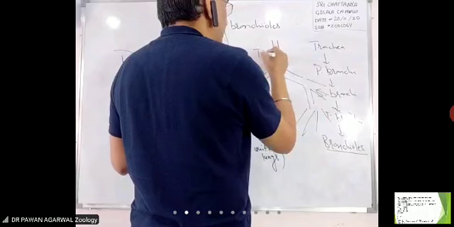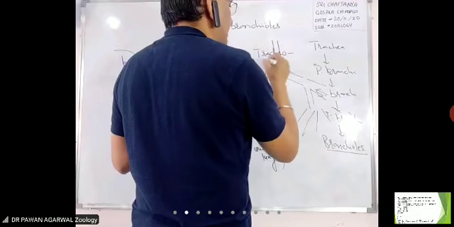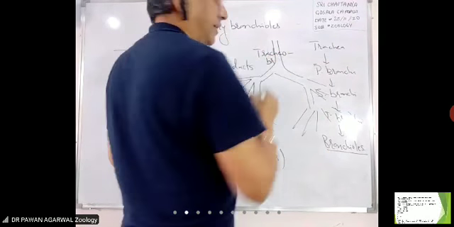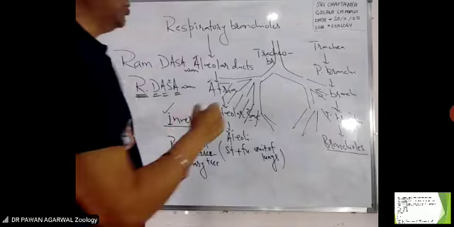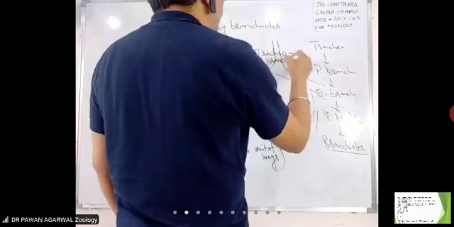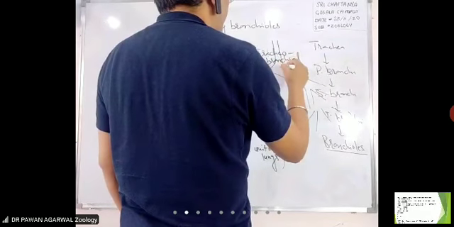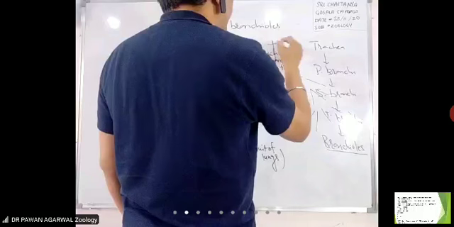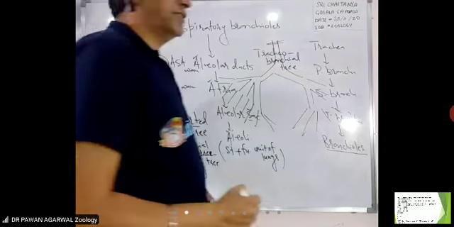It is also known as the tracheo-bronchial tree because the base is formed by the trachea and the branching is formed by the bronchi.